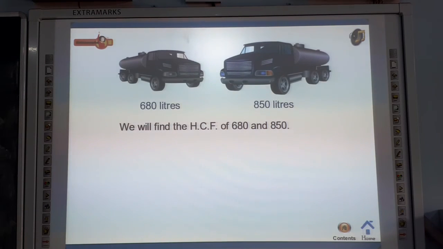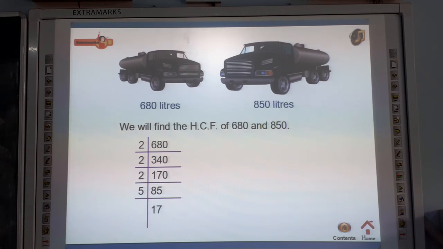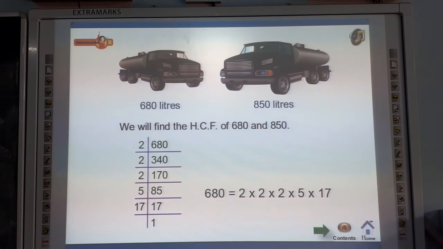We will find the HCF of 680 and 850. Factors of 680: 2 multiply 2 multiply 2 multiply 5 multiply 17.